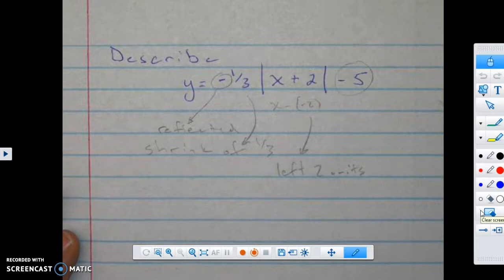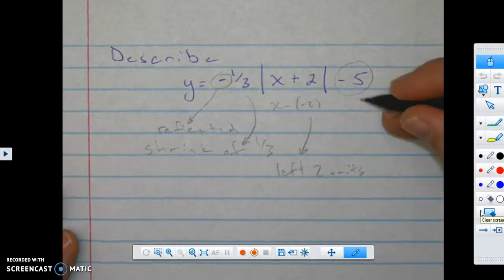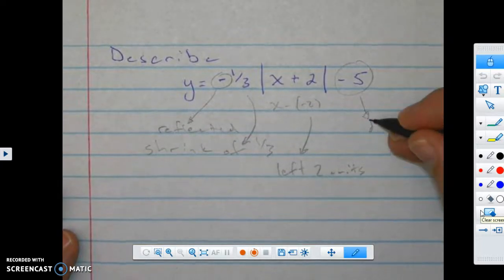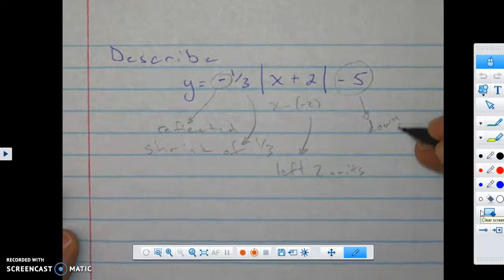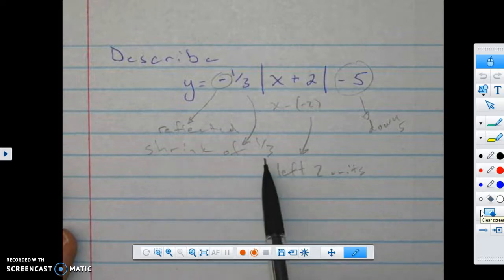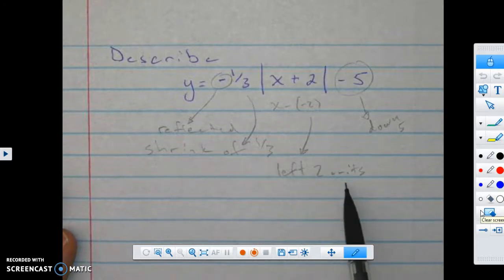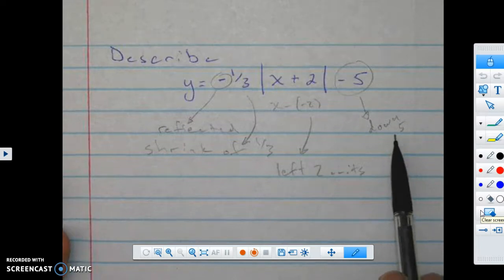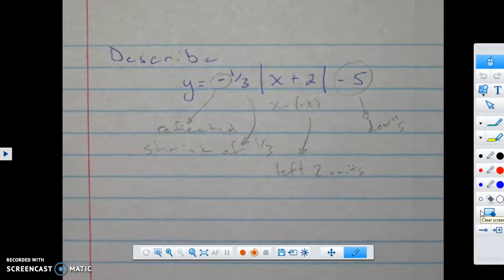And then the last piece is, this is a vertical shift, and you could say down 5 units. So 4 things going on here. Okay, it's reflected, shrink of 1/3, it's moving left 2 units and down 5 units. So there's a quick recap for those of you that need to do some of the corrections on the quiz, and hopefully that helps.